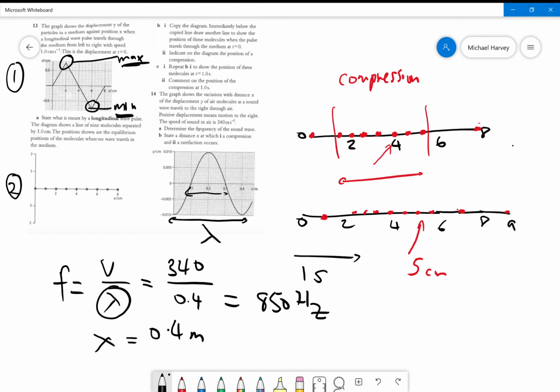So that's part B I and II: compression occurs every 0.3 meters, and a rarefaction occurs every 0.1 meter, as you can again see from this developing graph here. Hopefully that's helped you answer those particular questions.